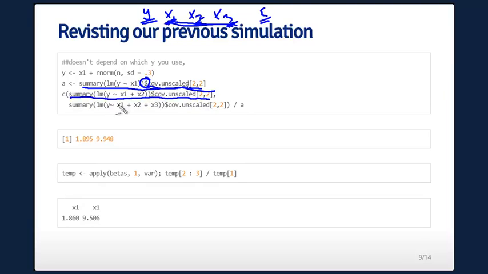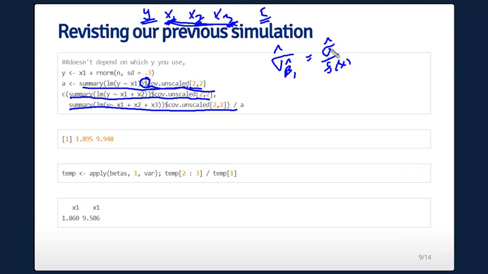What I'm doing in each of these cases is getting the standard error of beta 1 hat, which involves sigma hat divided by some function of the x's.